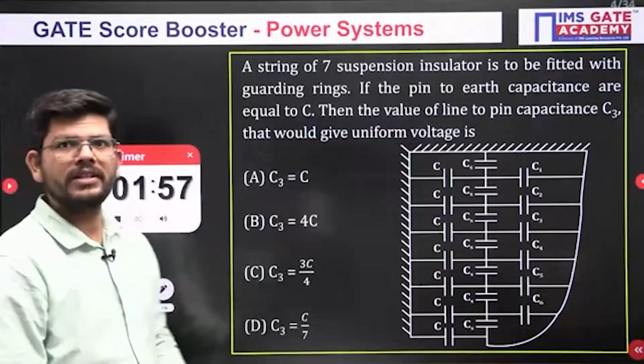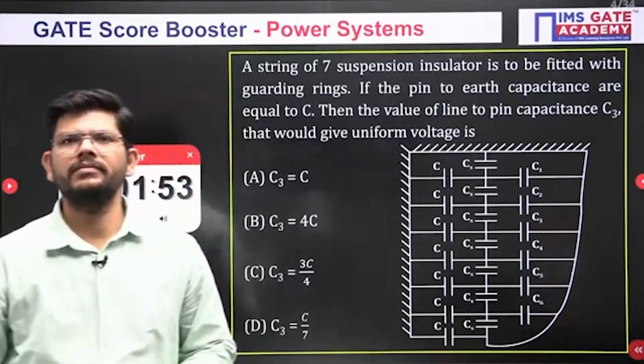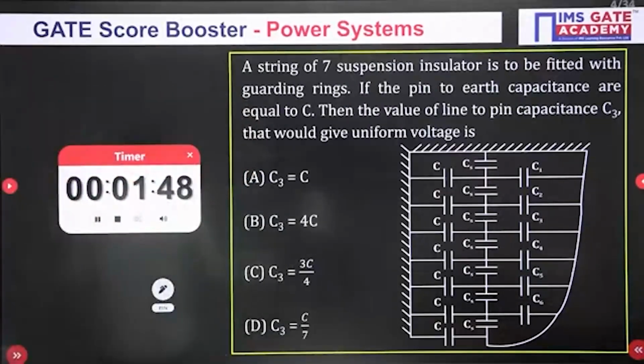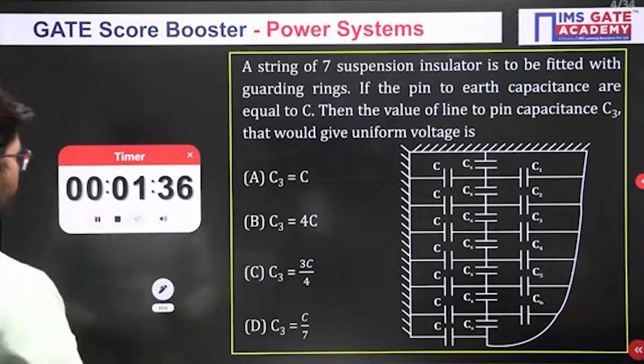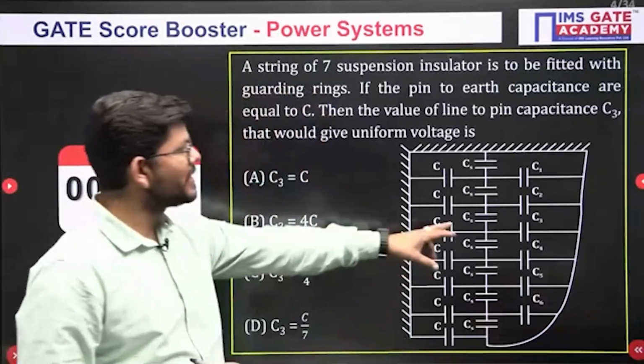So your time starts now. You have to find the value of C3.